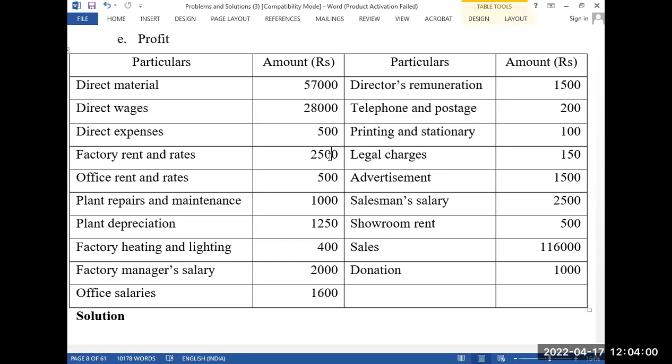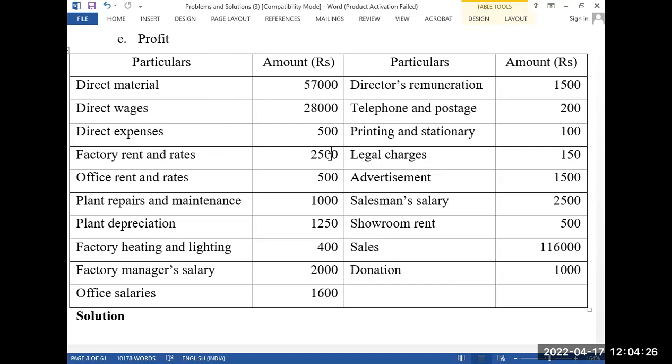Six are there now. Office rent and tax, office salary, legal charge, printing, telephone. Director remuneration. Legal charge.